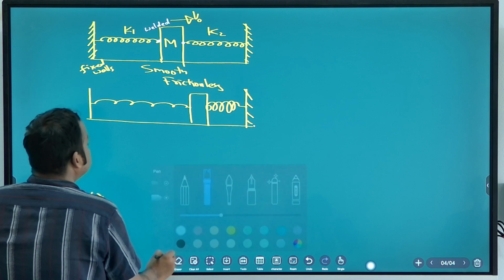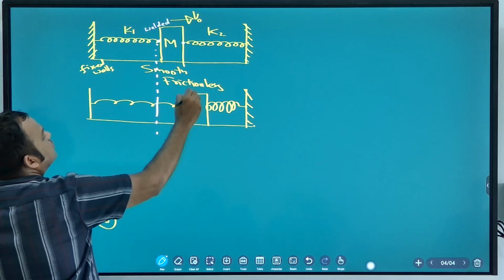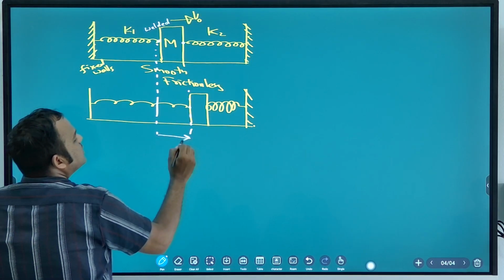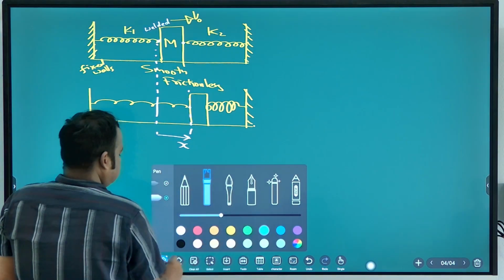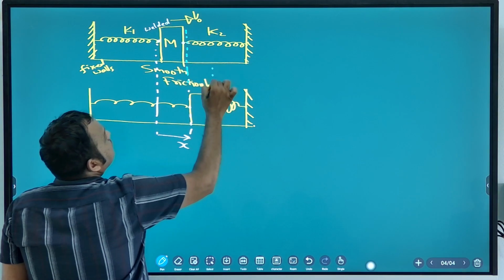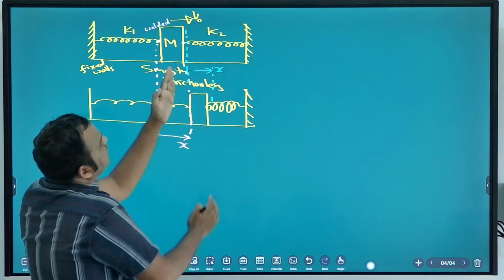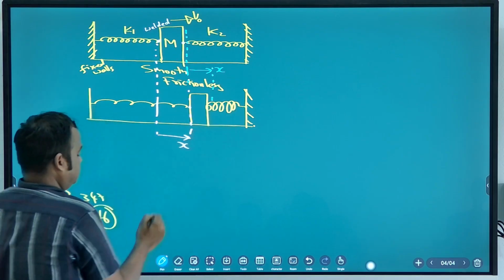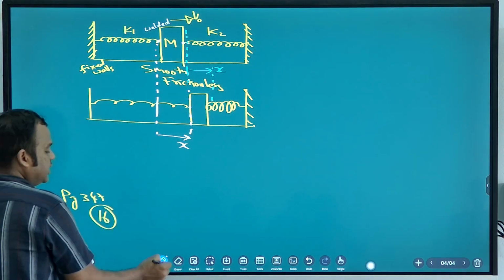If you look at this distance, this is x, and this distance is also x.